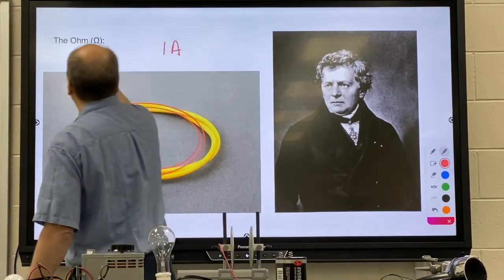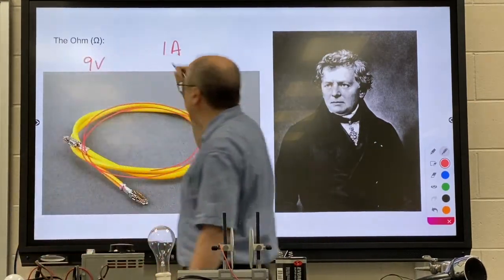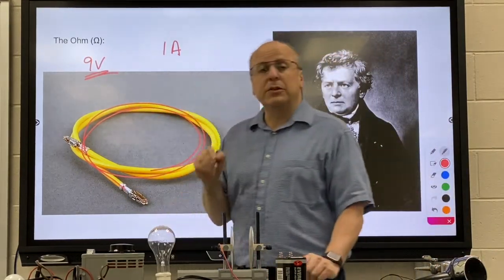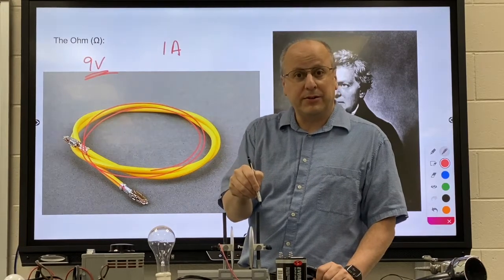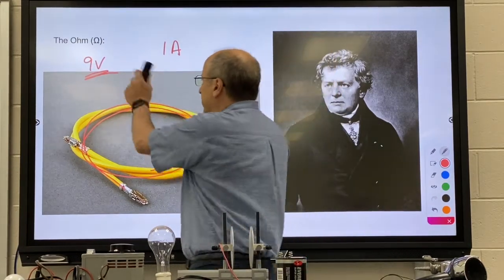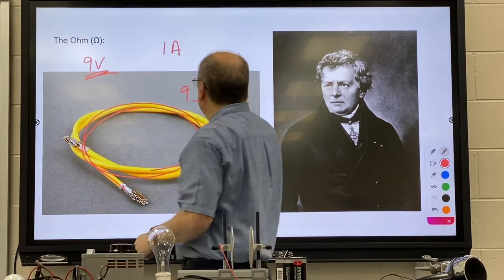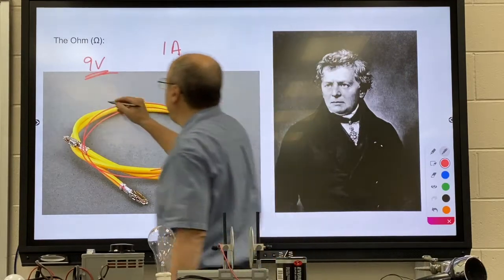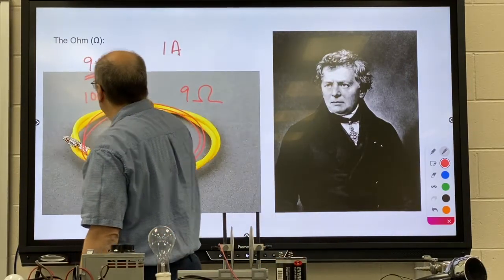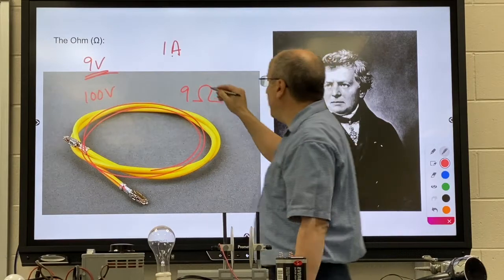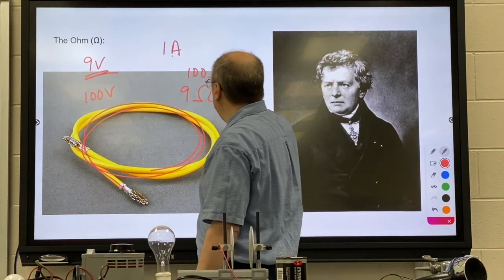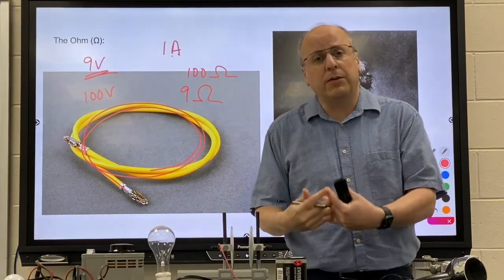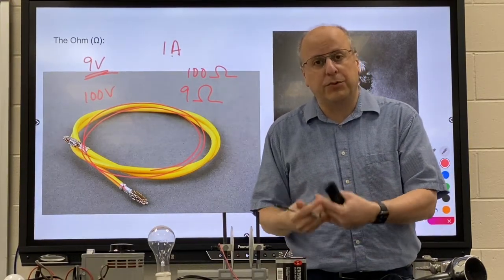Whatever voltage that was, let's say it was 9 volts that was needed to get 1 amp to go through the wire, that number is the resistance of the wire in ohms. So if it takes 9 volts, that means it's a 9 ohm resistance wire. If it had taken 100 volts to get 1 amp, then we would have had 100 ohms. That would have been a tougher wire. So the more volts that were required, the tougher it was to get electricity through the wire.